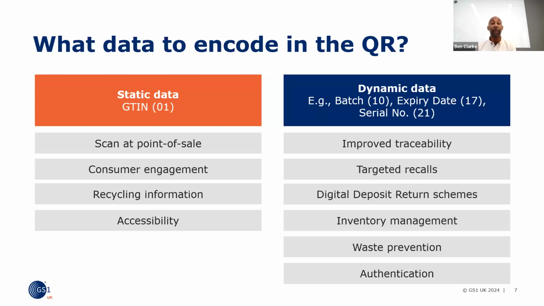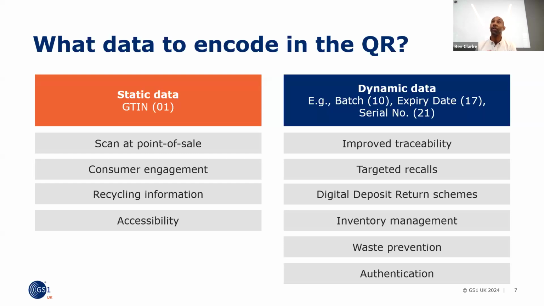And of course, you'll be able to zap that QR code at point of sale as well. But if you want to take advantage of some of the more advanced opportunities that QR codes powered by GS1 can give you, then you need to start encoding more granular or dynamic data. So for example, if you want to improve traceability across your organization, if you want to do more targeted recalls, then you'd look at encoding the batch number within your QR codes.